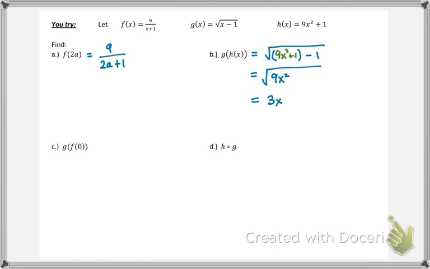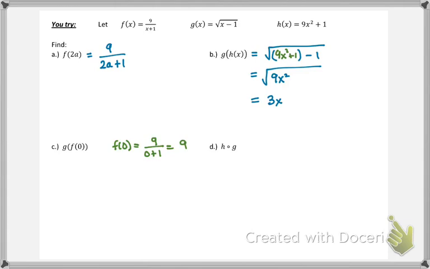Okay, and then let's look at C, g of f of 0. Okay, that I can evaluate. H of x I can't evaluate because there's nothing else to simplify, and my input is a variable. But f of 0, that we can figure out first. F of 0 would be 9 over 0 plus 1, which is just 9.